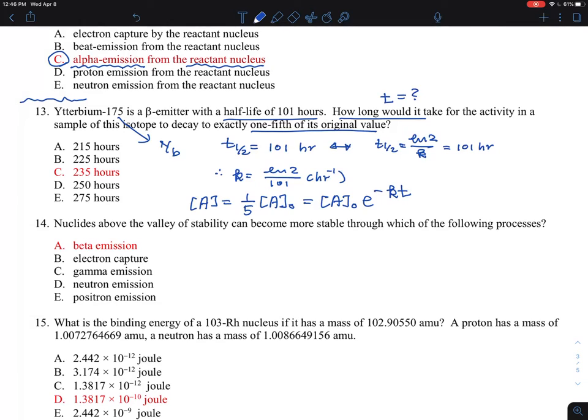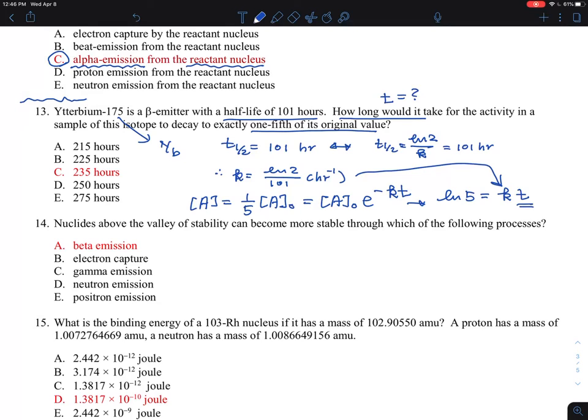Okay, so this is a first order reaction, and that will be essentially ln 5 equals KT, and then you can plug in the K value and find the T value from here. So that's the logistics.